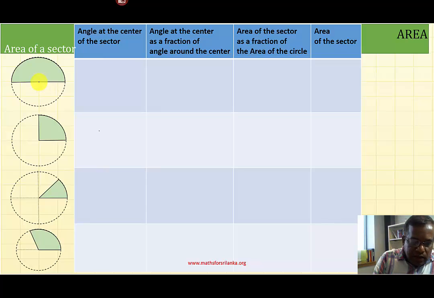And the angle at the center as a fraction of the angle around the center: the angle at the center is 180, the angle around the center is always 360. So clearly that is equal to 1/2.